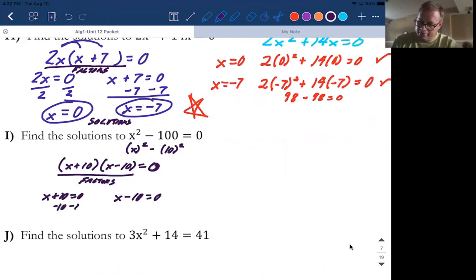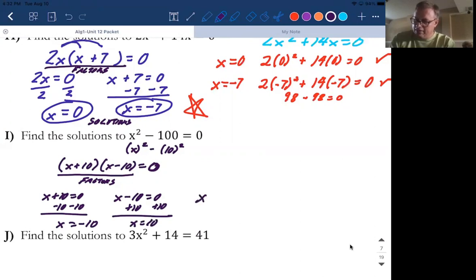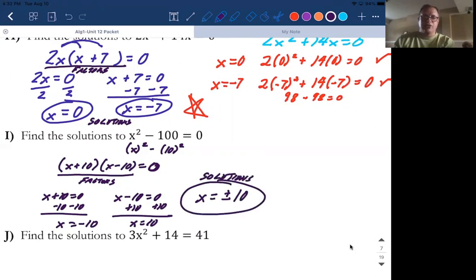Doing the algebra, I'll get -10 for one solution and 10 for the other. Now I can also write this as x equals positive and negative 10 as my solutions. So I can write them separately, or I can write them with that notation too.